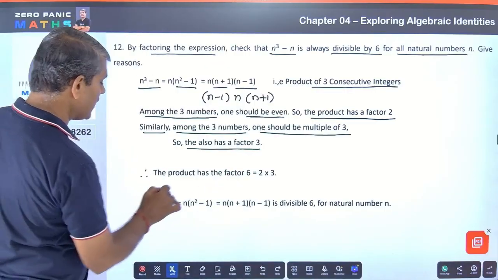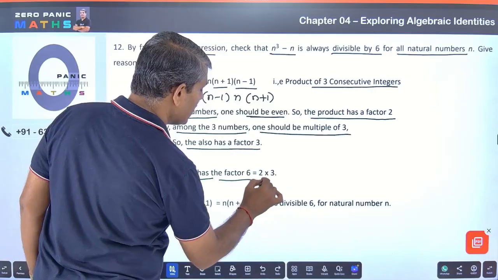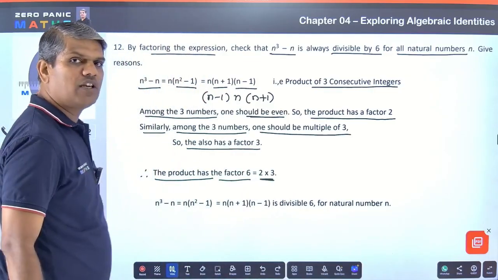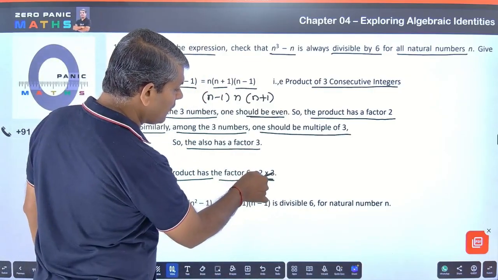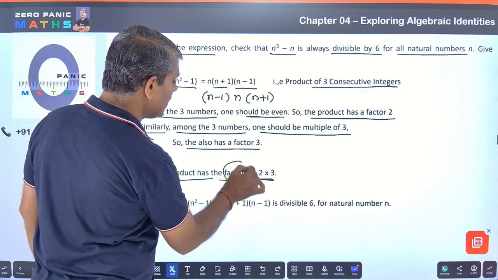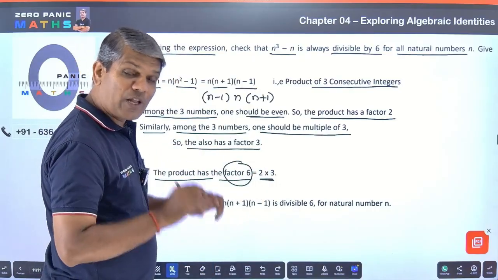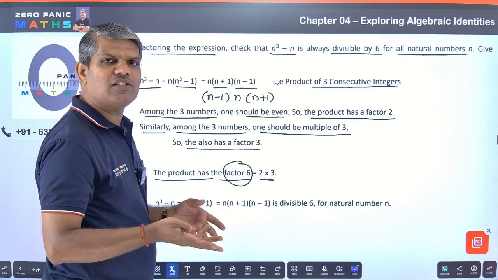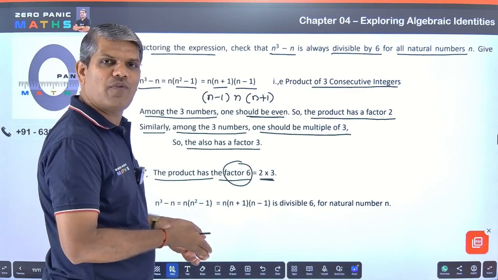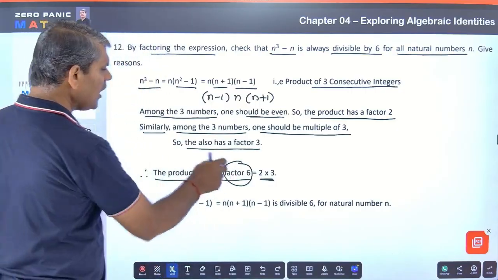Therefore, we can say that the product has both factors, 2 and 3, so it has a factor of 6, which is 2 into 3. If the product has both the factors 2 and 3, obviously it has to have the factor of 6 also, right? That is the conclusion here.